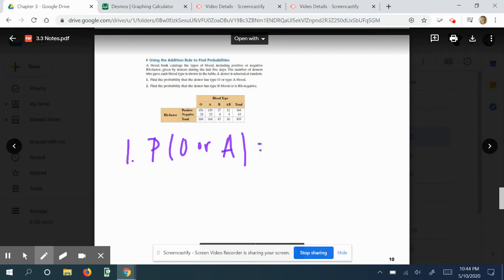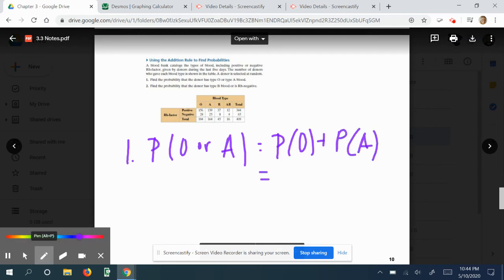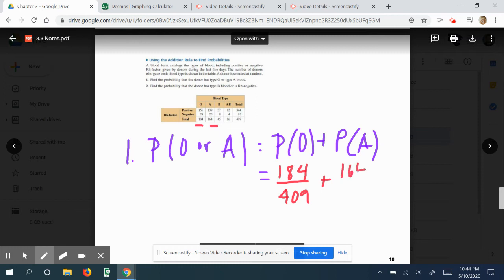So first one, probability of O or A. Well, first off, can you be O and A at the same time? The answer is no. So the probability of O plus the probability of A, which are mutually exclusive, so we don't have to subtract anything. Probability of O is 184 out of 409. Probability of A is 164 out of 409.